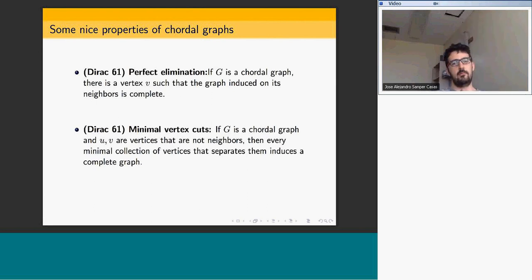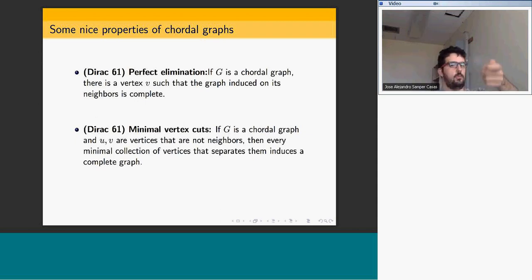So chordal graphs are nice computationally basically because they have two interesting properties. These are theorems from the 60s. This one says if you have a chordal graph G, then you can find a vertex v such that the induced subgraph on the neighbors of this vertex is complete. And if you take an induced subgraph of a chordal graph, it's again chordal.